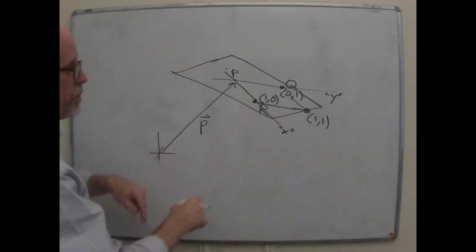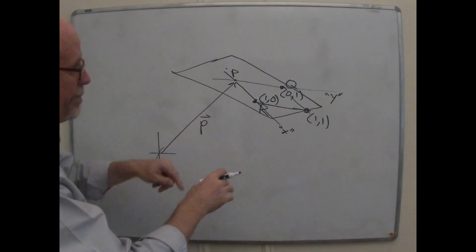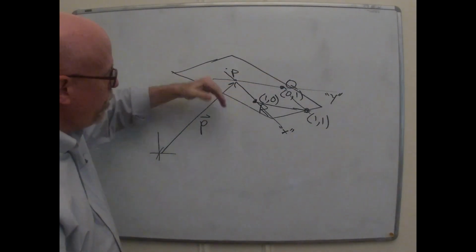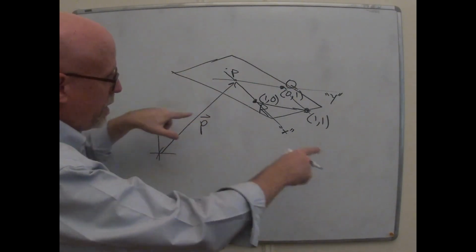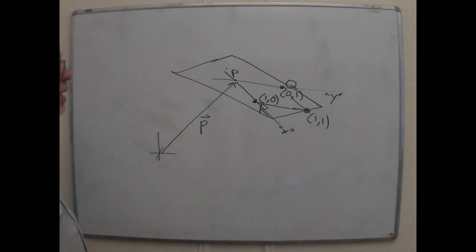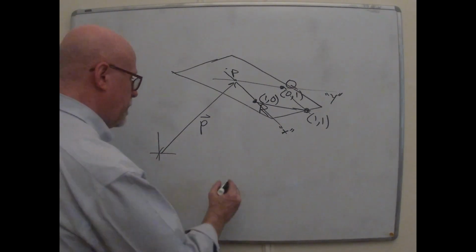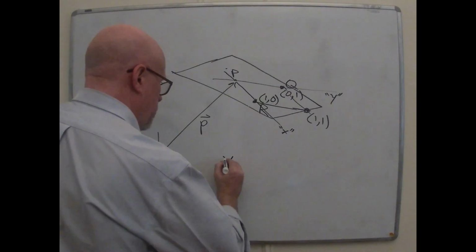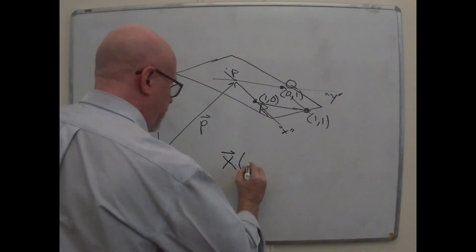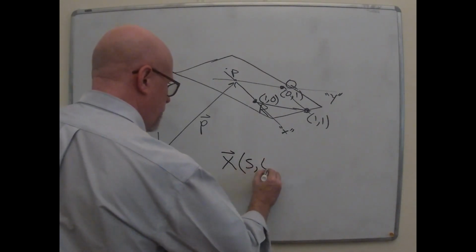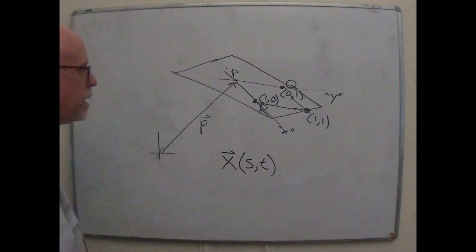And you can imagine taking multiples of PQ and multiples of PR and getting to all kinds of different points in the plane. In fact, that's what the parametric form for the equation of a plane is. X, a position vector, is going to be a function of 2 parameters. Let's call them s and t.